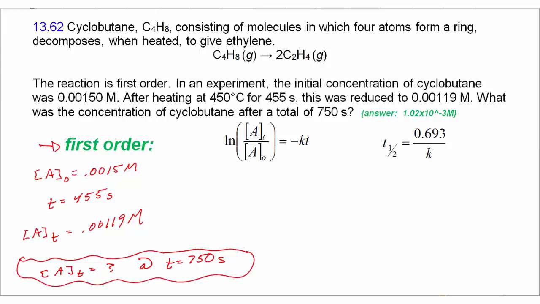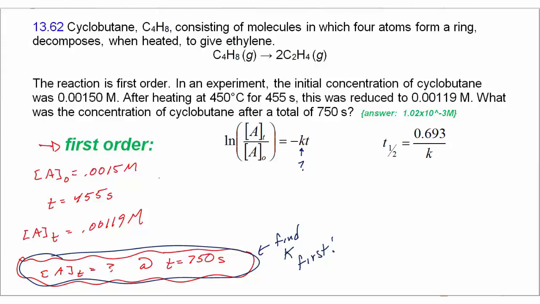Okay. Do you see what's going on here? Why'd they give us all this information? It seems like extra stuff. Well, if we wanted to solve for this right here, we would plug everything in, and notice we're missing K. We don't know what K is, so we can't find this. We have to find K first. That's why they gave us all this. So let's use this to find K.